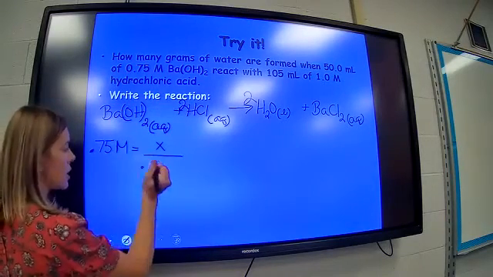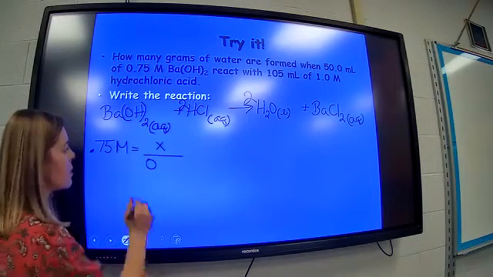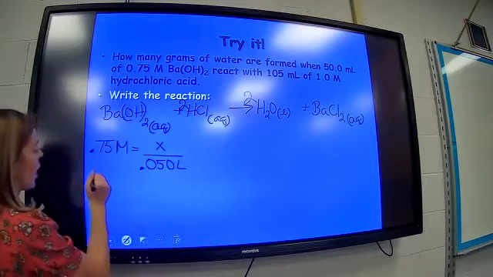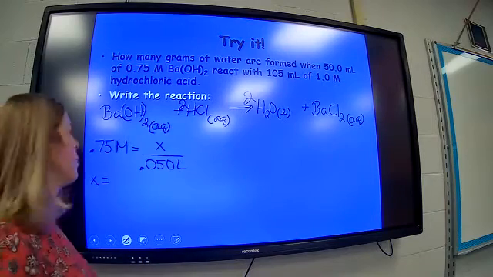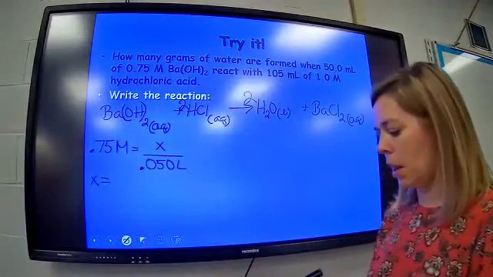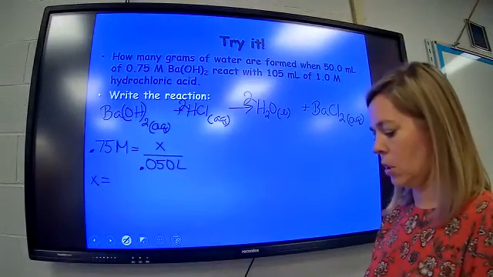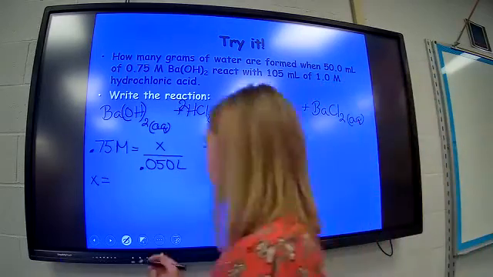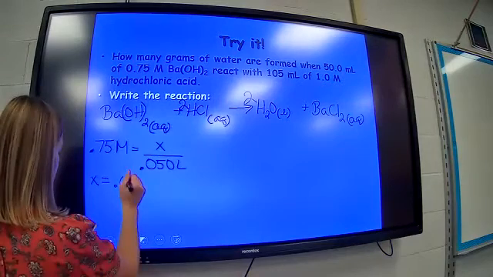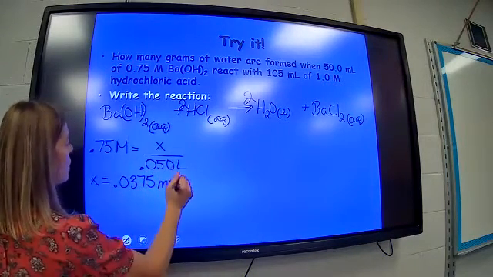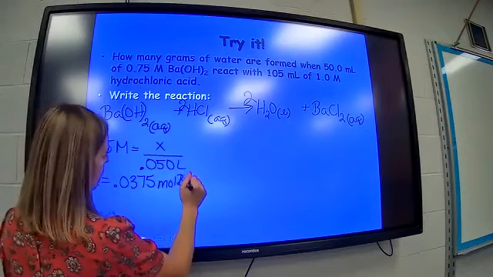I have to turn that into liters because molarity has to be liters. So 0.050 liters. And that gives me my moles. So we just multiply those two. Okay, 0.0375 moles of barium hydroxide.